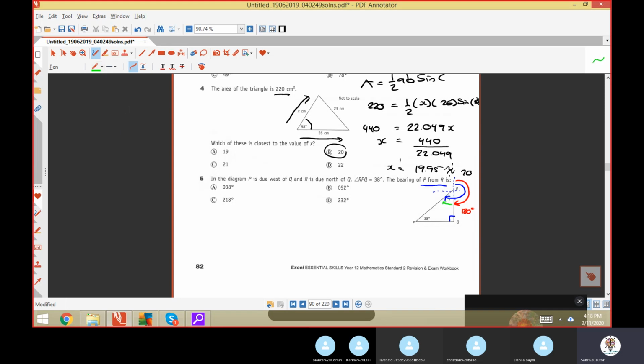The real question is how are we going to solve for that green part? We need to do angles in the triangle. So the green part would be 180 subtract 38 subtract 90. 52.